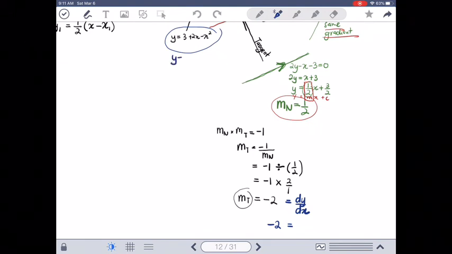We have y equals -x squared plus 2x plus 3. So dy over dx equals -2x plus 2.